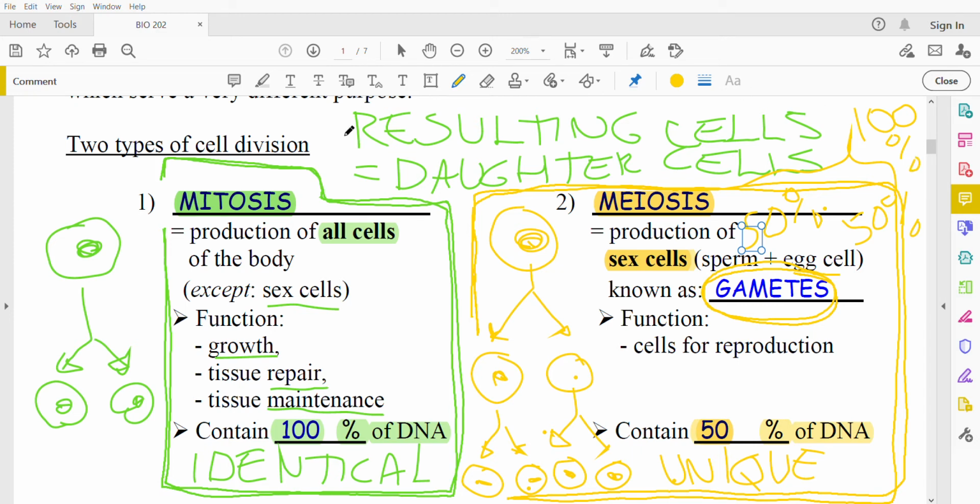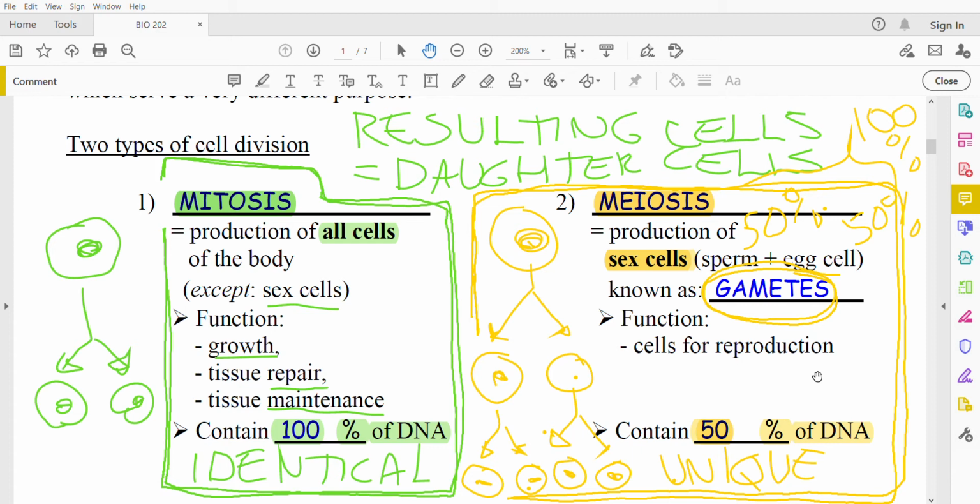So that's the brief explanation why meiotic cell division contains 2 rounds of cell cycle and why all of these resulting daughter cells are going to be unique. They're unique, differing from each other, but also differing from the original parent cell.